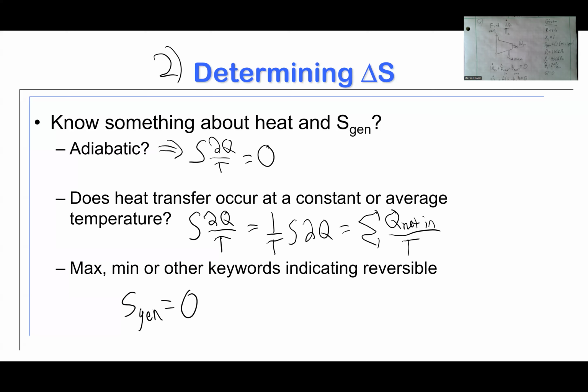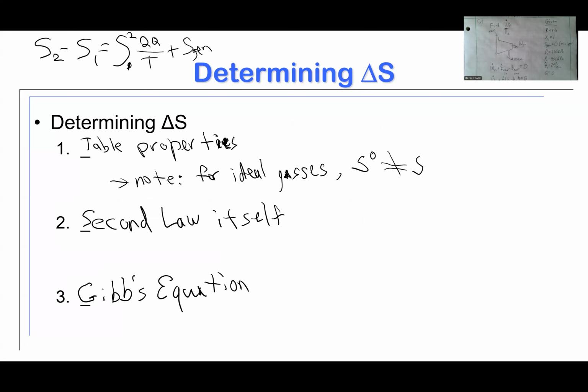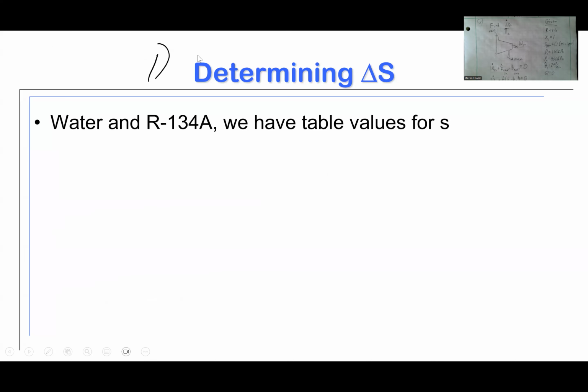I mean, it's just fine. But that's how you deal with the terms on the right-hand side: if it's constant T, this just becomes Q over T. If not, it might be 0, or it might be what you're trying to find. And then S-gen is either 0 if it's a reversible process, or you're looking for it, or in a weird situation, maybe they give it to you.